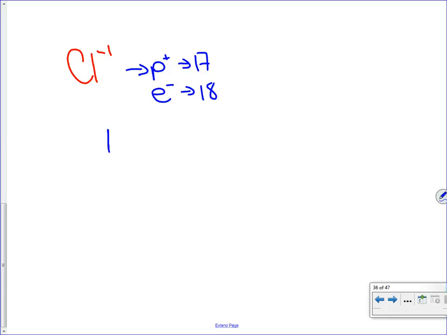So if we're going to write it, we'd write 1s2, 2s2, 2p. What goes up there? How many electrons can it hold? 6.